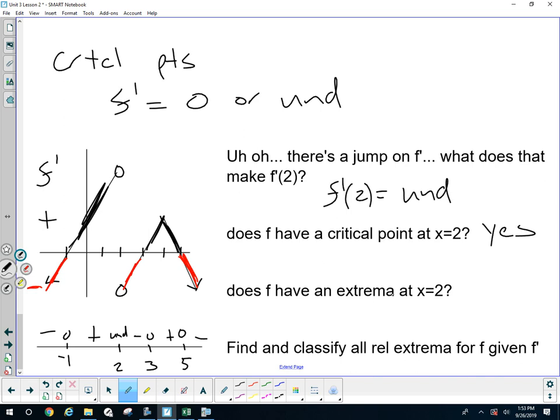Does f have an extreme at 2? Yes, it's a max. How do I know that? Because this is f prime. F is going down, then up, then down, then up, then down. What would that look like?